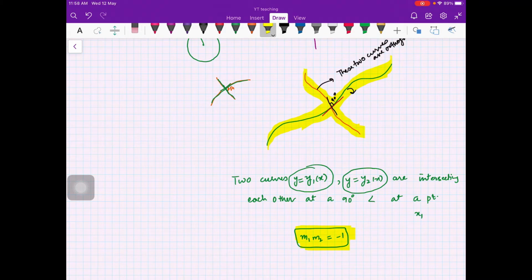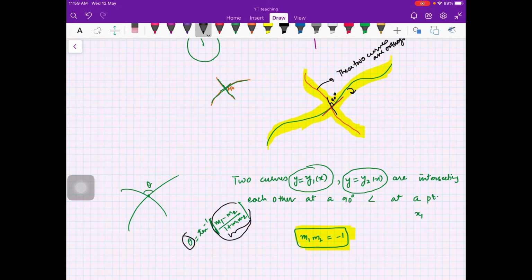You must know this formula: if you have two curves intersecting at a point, then you can compute theta as tan inverse of (m1 minus m2) upon (1 plus m1 m2). Do you remember this formula? Now you want this theta to be 90 degrees. For that, the tangent should be infinity, so the denominator should be 0. So you get this condition, m1 m2 is equal to -1, right?